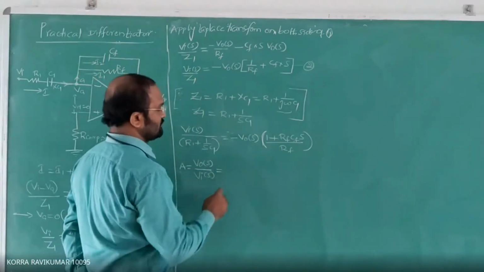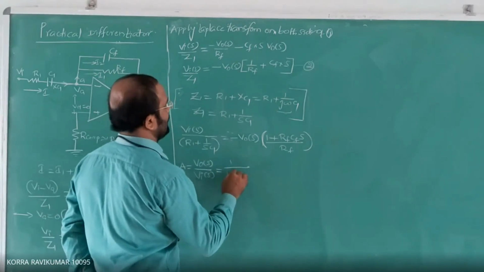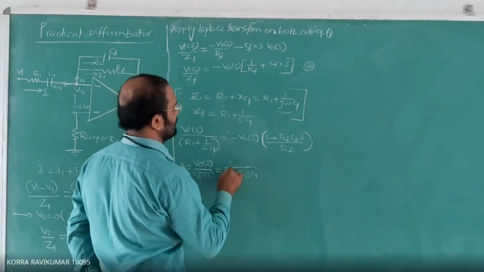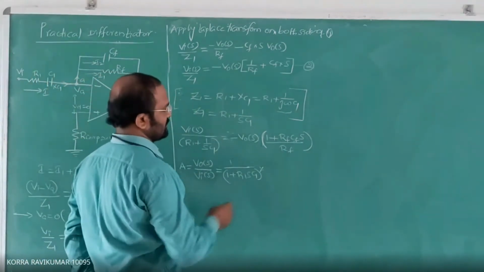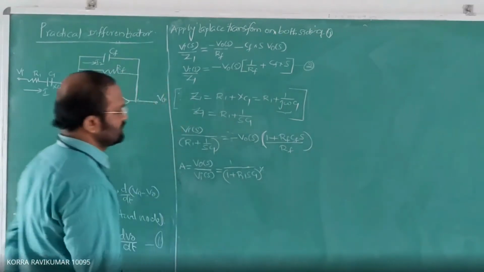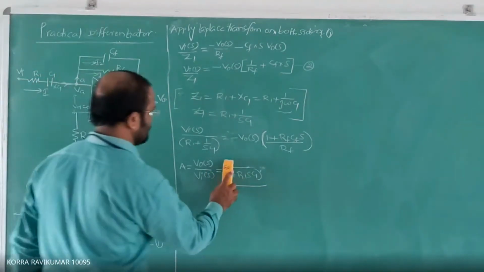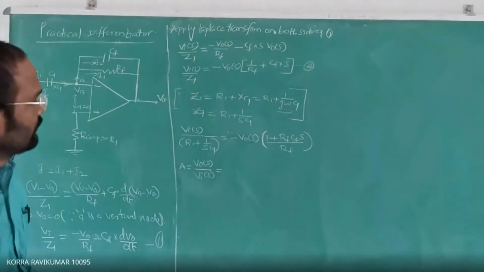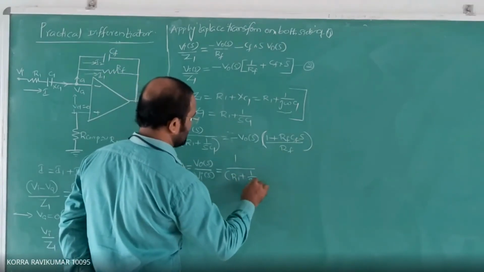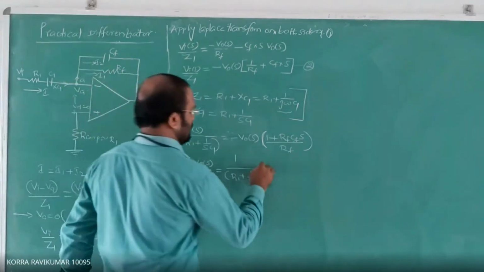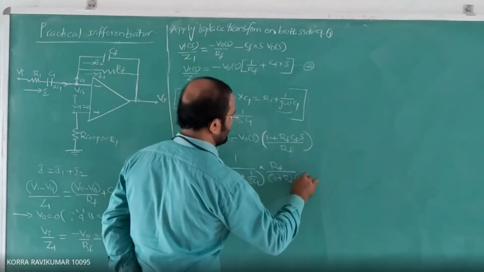Then the expression becomes 1 by 1 plus R1 S into C1 into, if you bring it to the RHS side, this divided by 1 by R1 plus 1 by SC1 into RF by 1 plus RF CF into S.